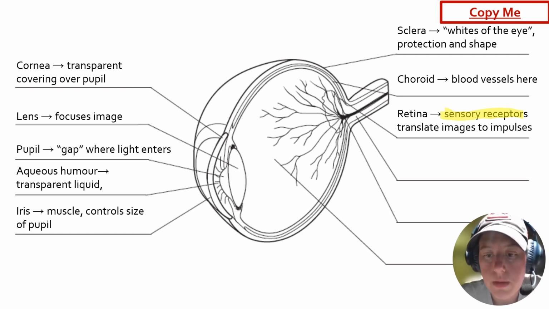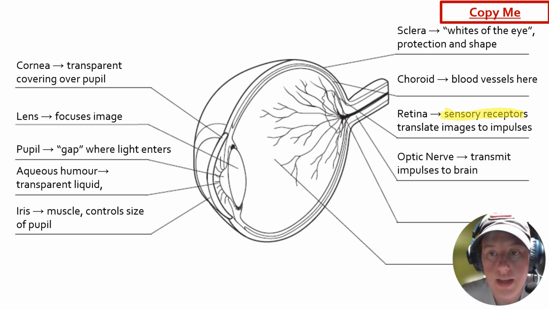Our sensory receptors are the ones that take the stimulus and turn it into a nerve impulse. The sensory nerve, in this case the optic nerve, is a sensory nerve that transmits the impulse, which was generated from the retina, and sends it to the brain.